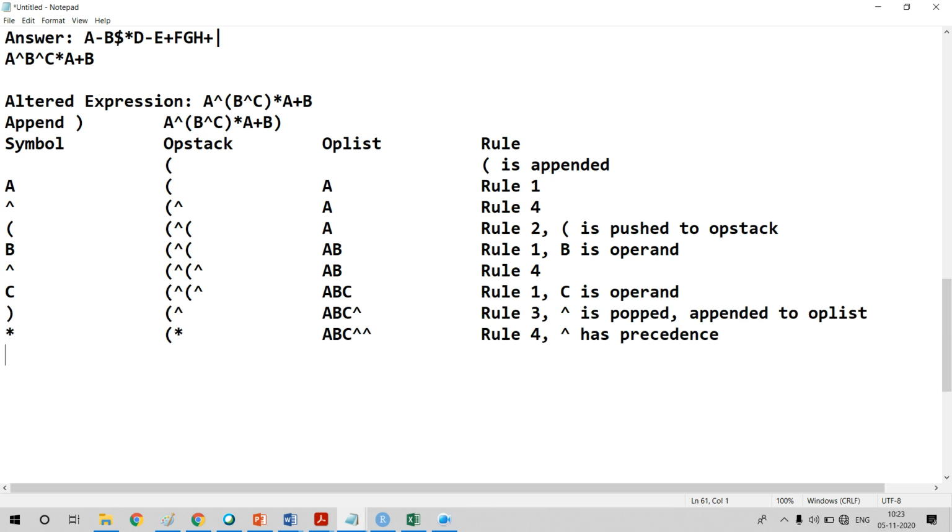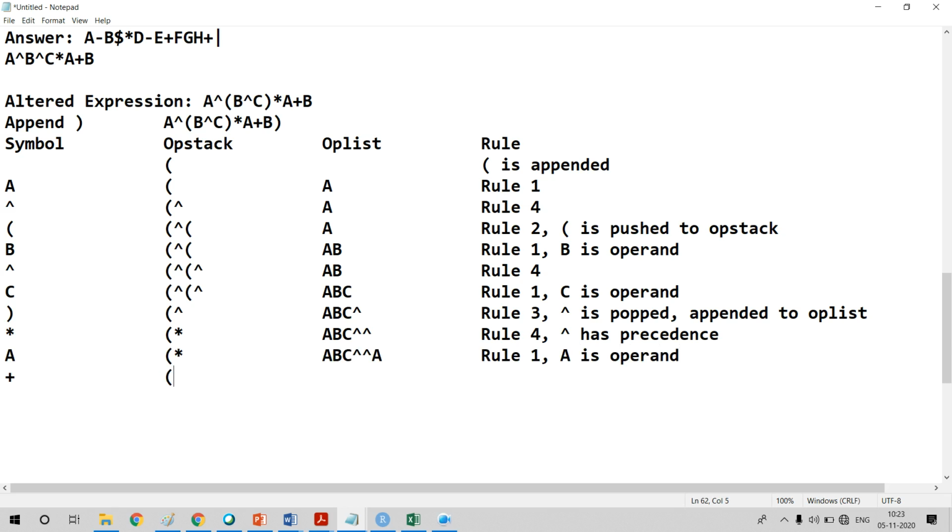So it is removed. The next symbol is A. A is operand. Add that to OP list at the end because of rule number 1. A is operand. The next symbol is plus.